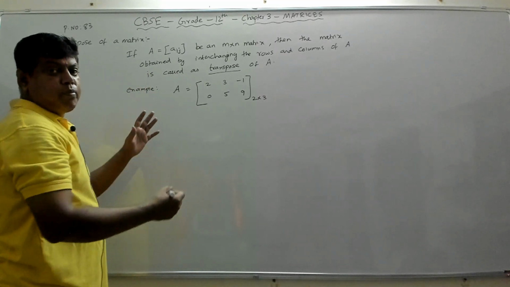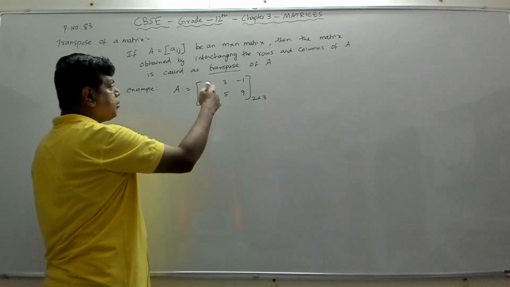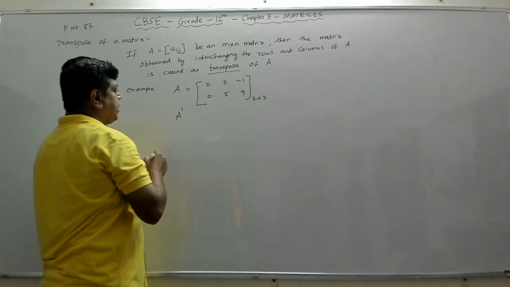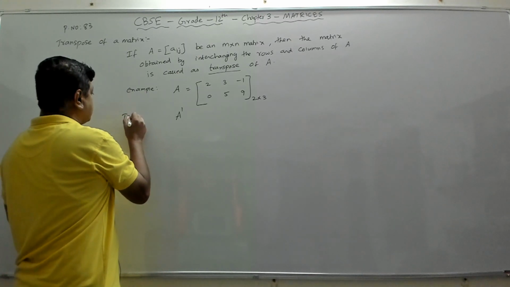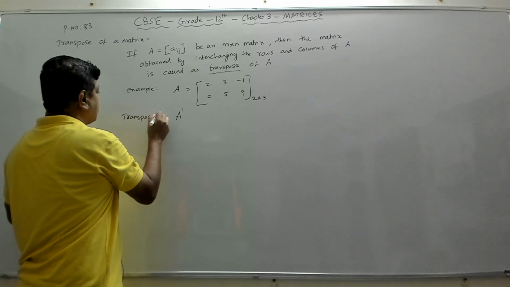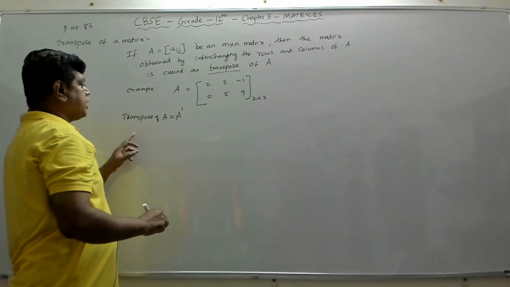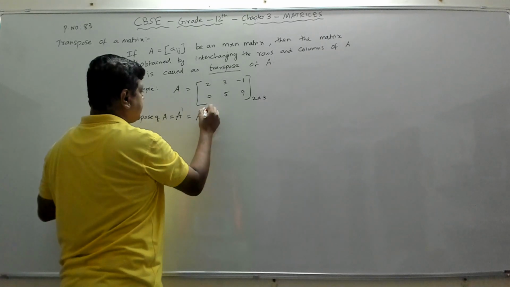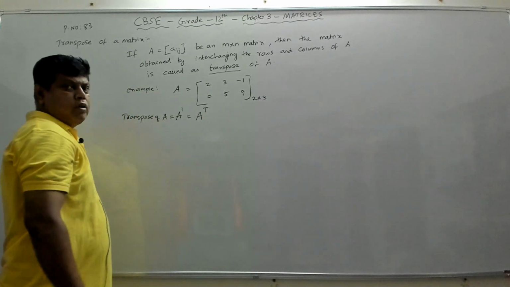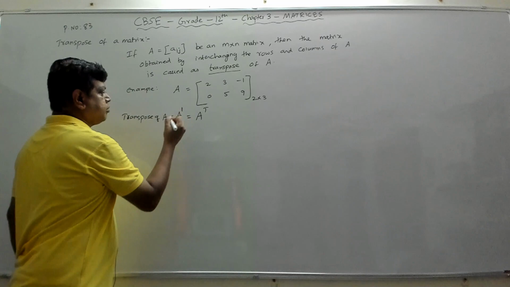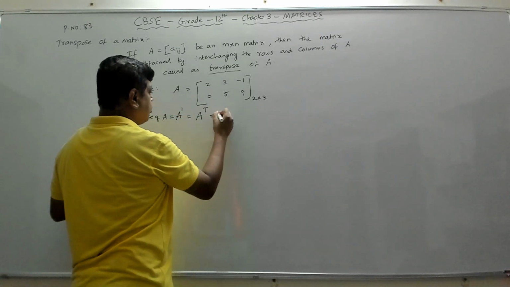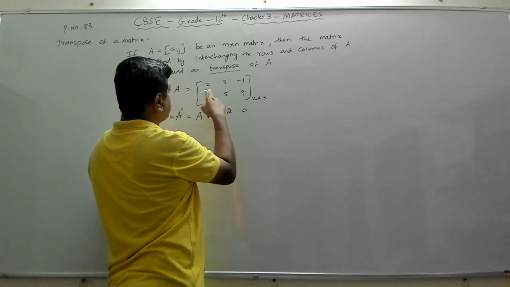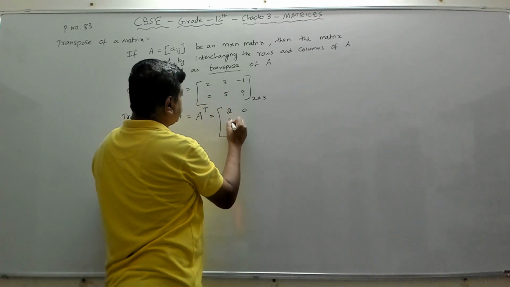The transpose of this matrix is the matrix obtained by interchanging the rows and columns of A. The transpose of A is denoted by A dash, or sometimes AT. AT means A transpose or A dash. That is equal to interchanging the rows and columns, so this will become 2, 0, and then 3, 5.